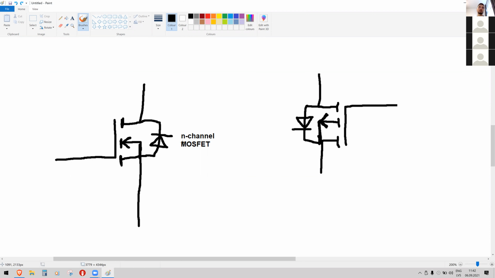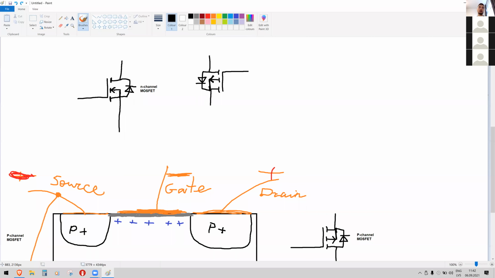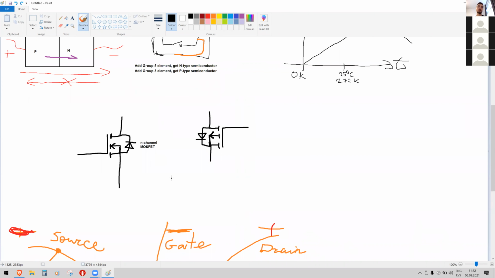And for N-channel MOSFETs, from P material to N channel, the channel is formed here when it's open. So it's showing to the N, from P to N. And this arrow is the one that determines what kind of transistor it is, not rotation or something like that.